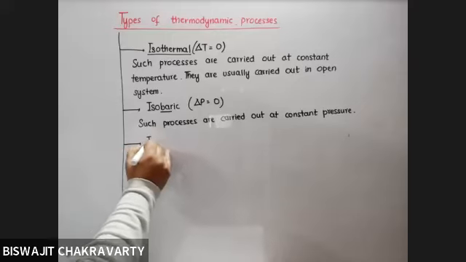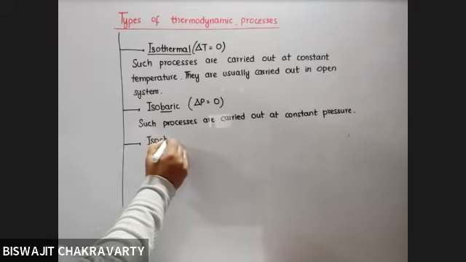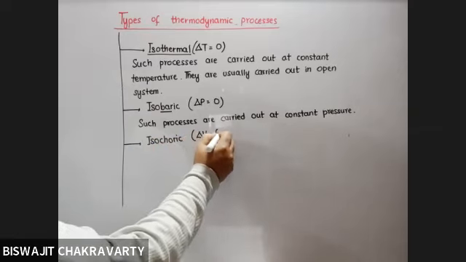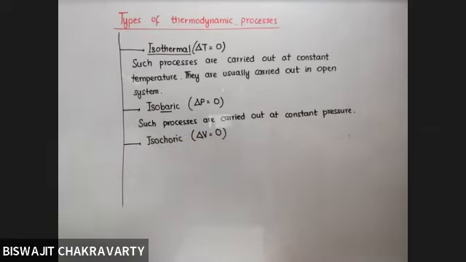Third is isochoric process, where change of volume is not allowed. And if change of volume is not allowed, it has to be a closed system or isolated system, because only in closed system or isolated system the volume remains fixed.